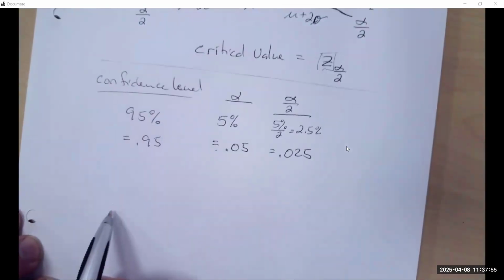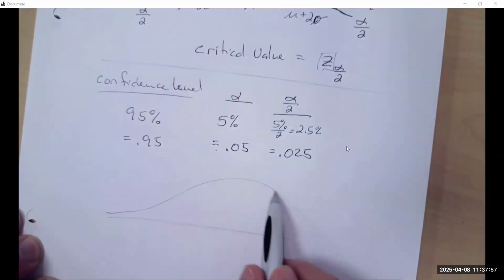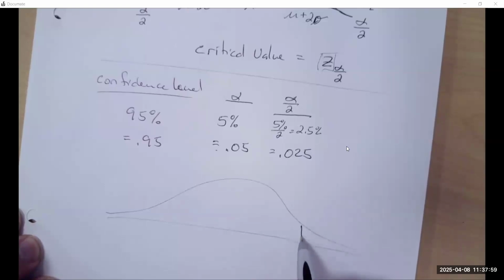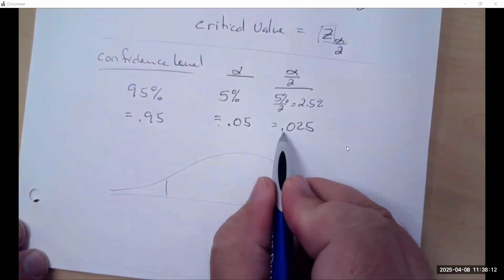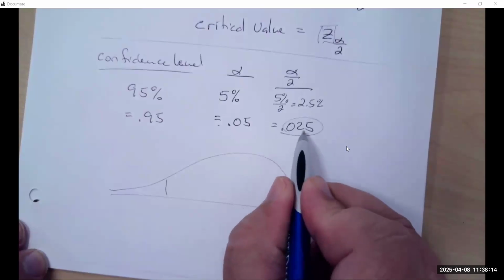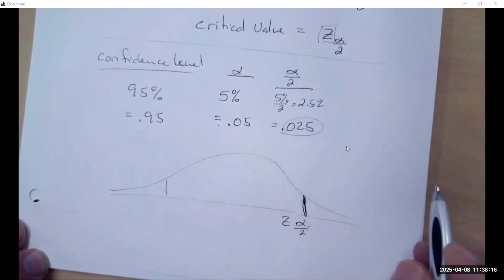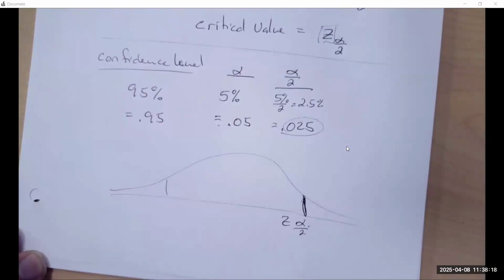Remember, now what we're looking at here is this. So this is my alpha over 2, my z-score of that one. I have to find the z value. So I know my alpha is going to be this. How do I find the area for it?